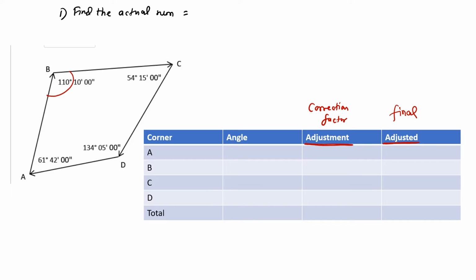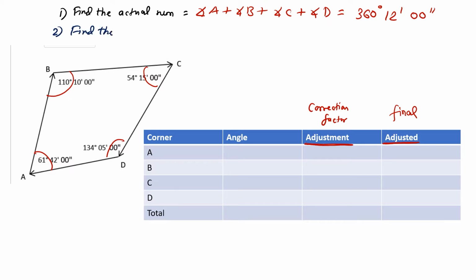Angle A plus angle B plus angle C plus angle D. If you add all these angles, you'd get 360 degree, 12 minutes and 00 seconds. So this is my actual sum. Step number two, you find the theoretical sum.